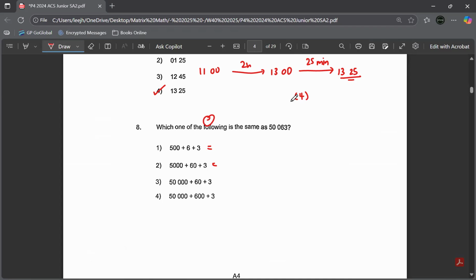Okay, never mind. So I just continue writing.